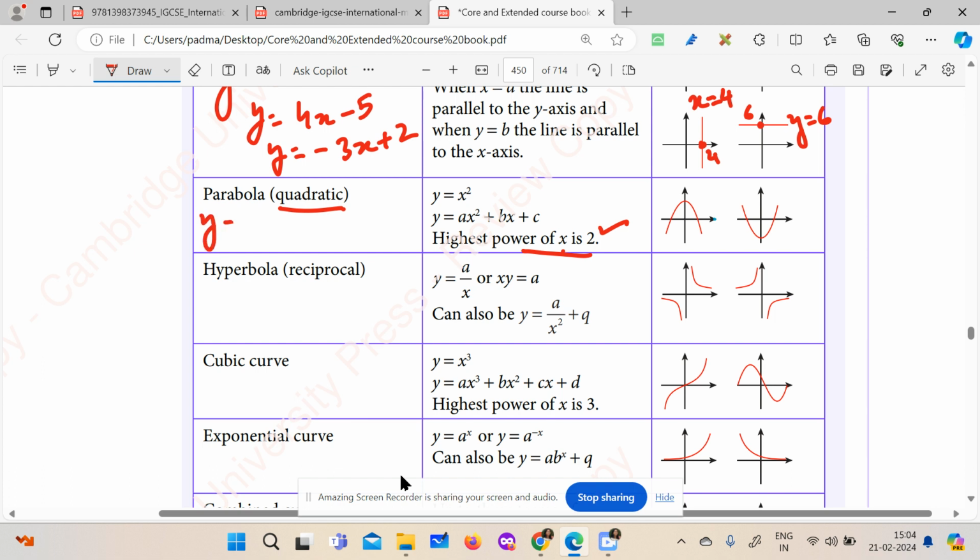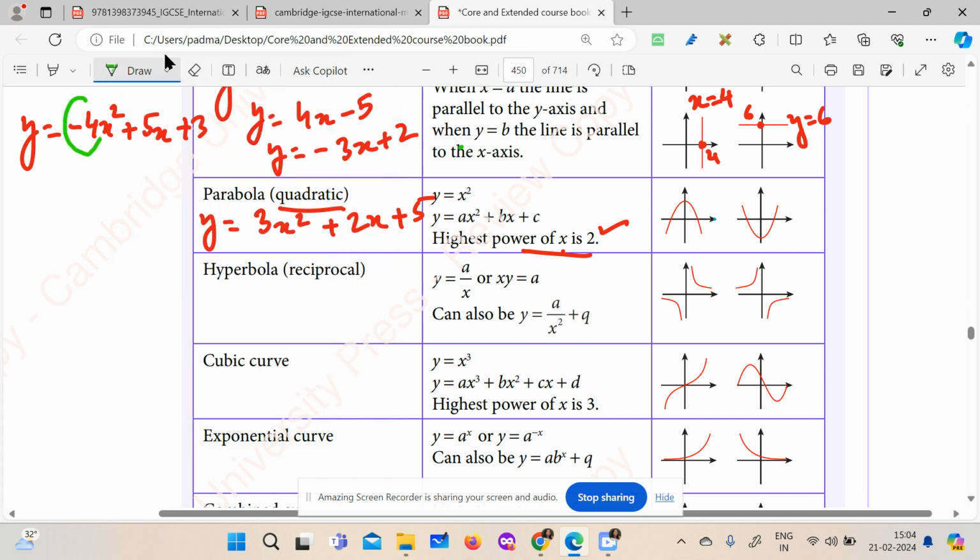I'll give you two examples. Suppose y is equal to 3x square plus 2x plus 5. We can also have one more equation, y is equal to minus 4x square plus 5x minus 3, whatever.